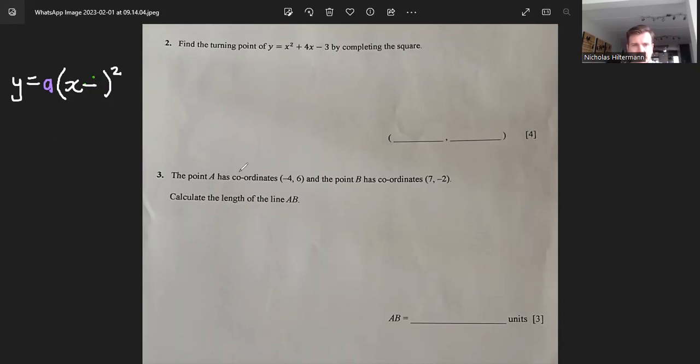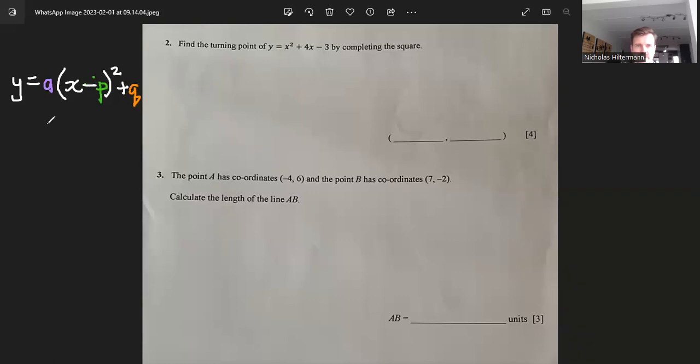Actually, often they'll call this p and q, but they could call these any letter. We're going to call it p, and we'll call the other one q. Plus. Okay, now this equation is the turning point form.